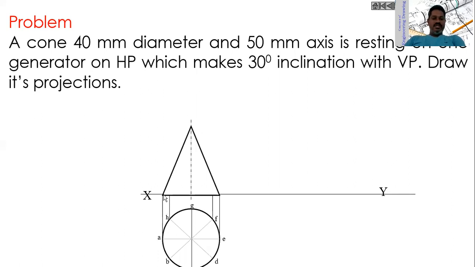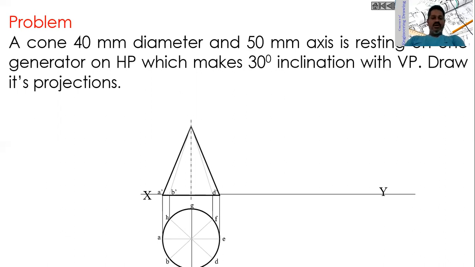We have already projected A and E and all those points here. Then join A and the height point where we have an intersection. So with the intersection point and A, and the intersection point and E, we will get a triangle. Then project all the intermediate divisions also to get the other generators like this.